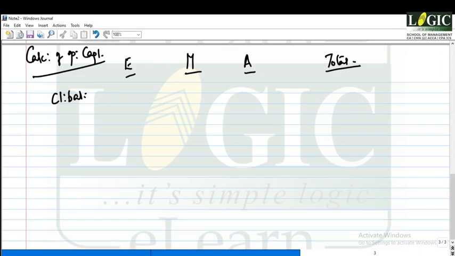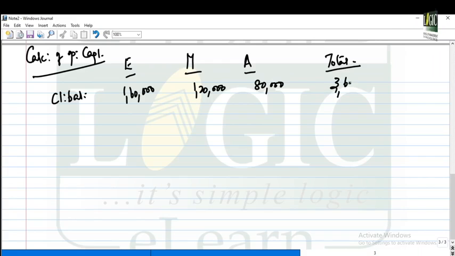The balances were 1,60,000, 1,20,000 and 80,000, so totally 3,60,000. This balance was arrived at by considering drawings and profit.